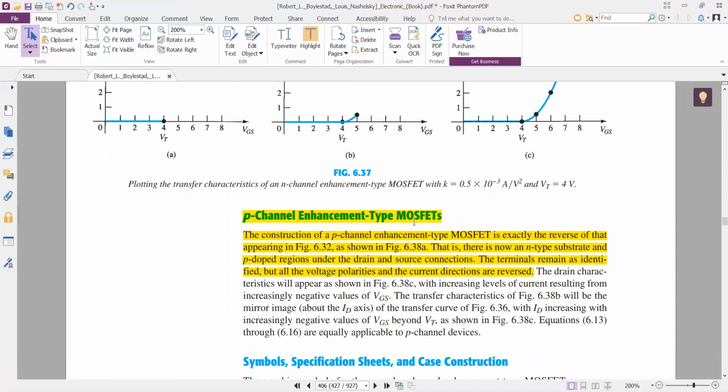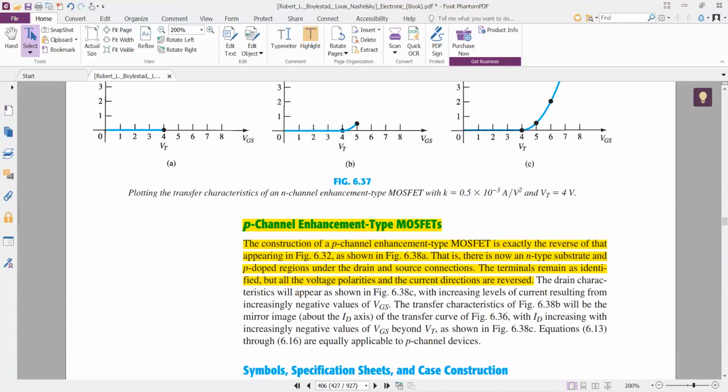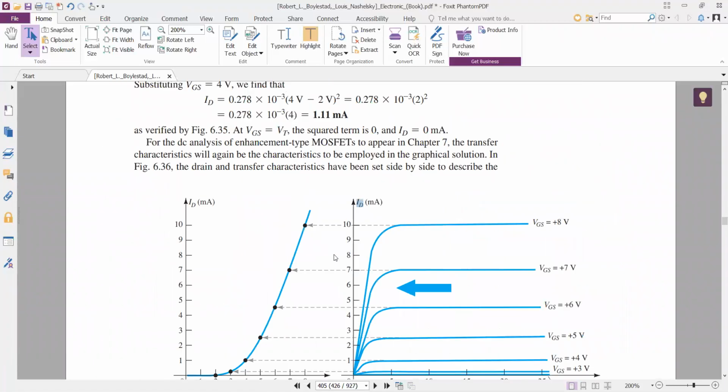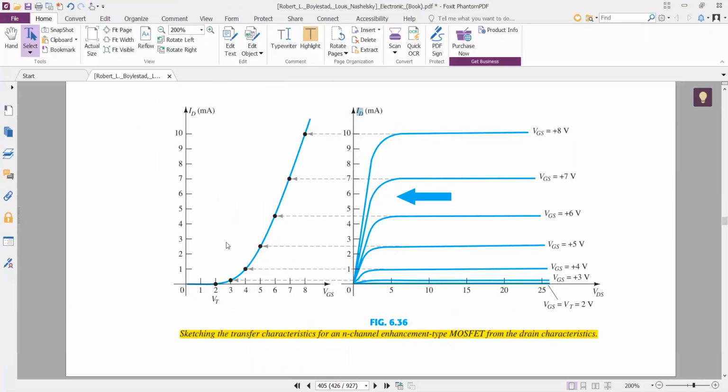The only difference is all the currents and voltages are reversed in their polarities, and the substrate is now made up of n-type material and the drain and source regions are made up of p-type regions, as shown in this diagram A. Again, in this case gate to source voltages will be negative and this curve will flip itself from the previous curve which was drawn for n-channel enhancement type MOSFET, flipped 180 degrees around the y-axis.